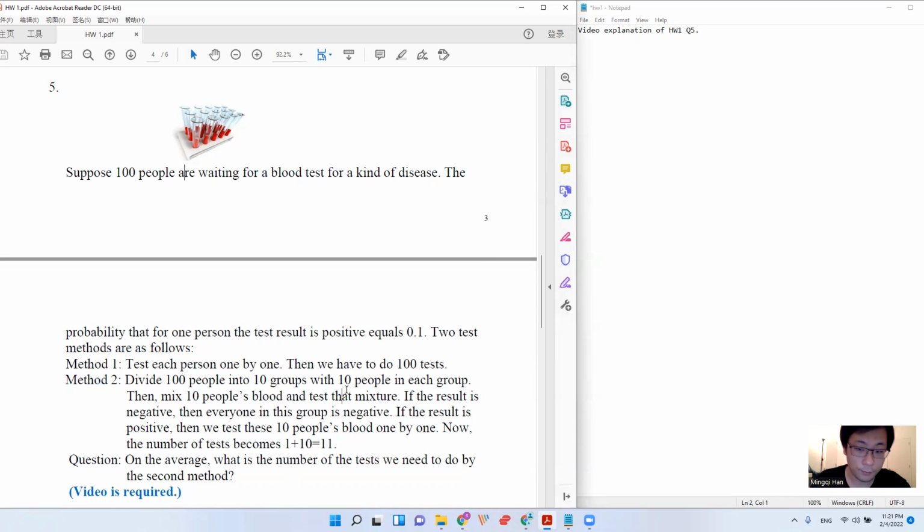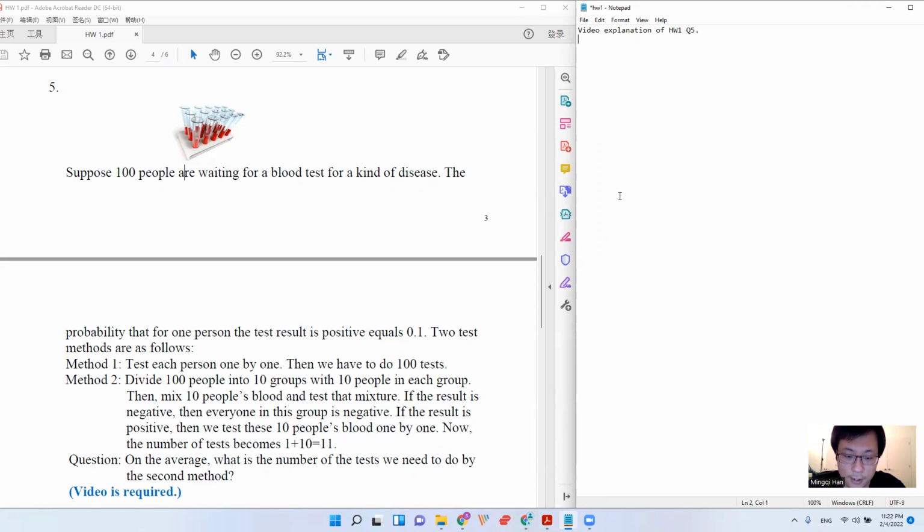So to solve this problem, we can first discuss under what situation we need to take the round 2 of testing for a group, and there are two cases.